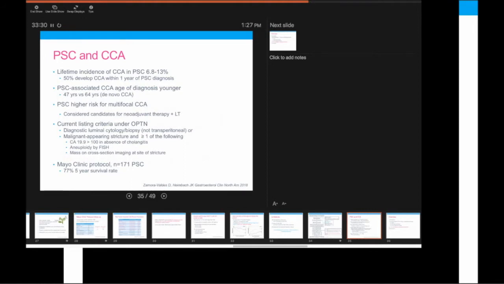The current listing criteria for these patients is diagnostic luminal cytology or biopsy, or a malignant-appearing stricture with one or more of the following: high CA 19-9, aneuploidy by FISH, or mass on cross-sectional imaging. In the Mayo Clinic protocol, they had 171 patients with PSC, and the 5-year survival rate for these patients was 77%, which is pretty good.